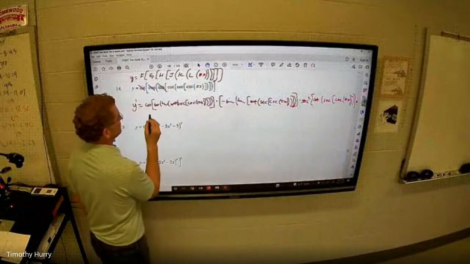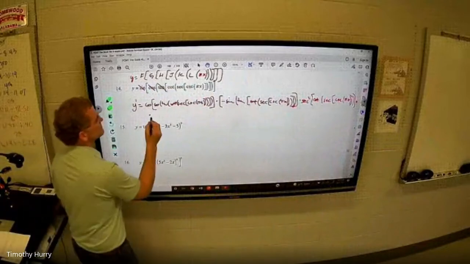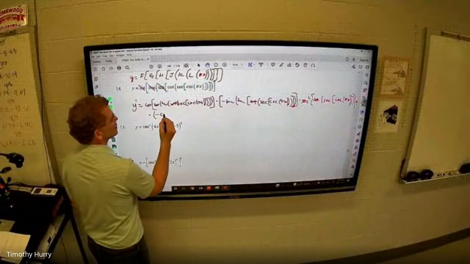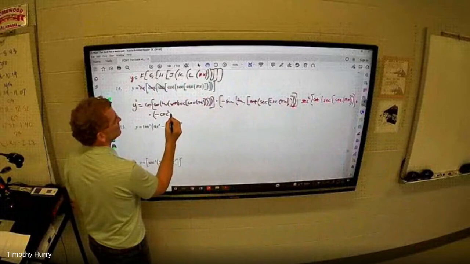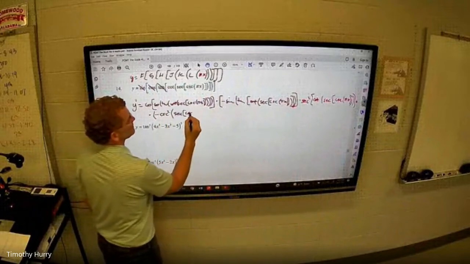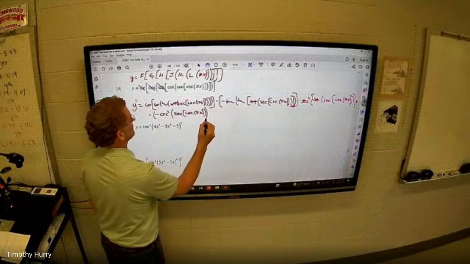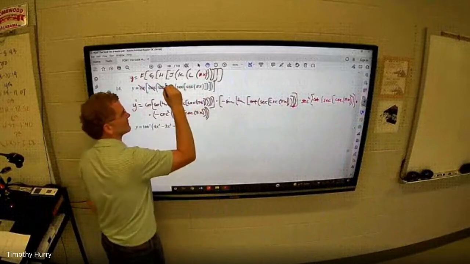So I'm going to bring down here times the derivative of cotangent, which is negative cosecant squared of secant cosecant pi x. And that takes care of the cotangent.